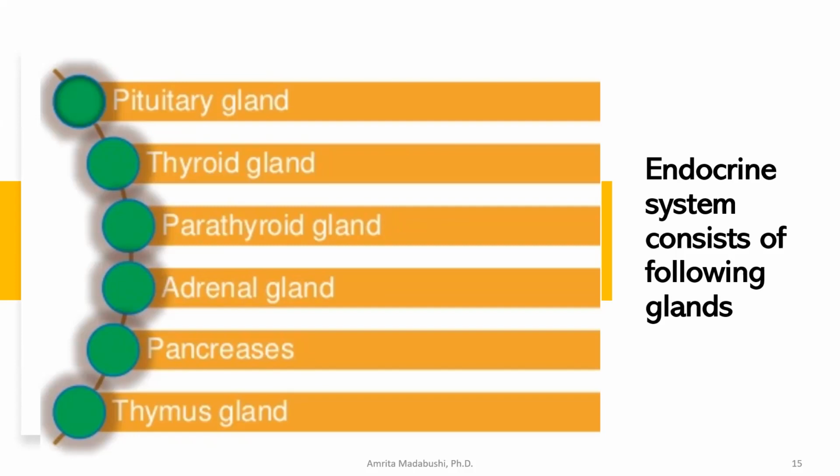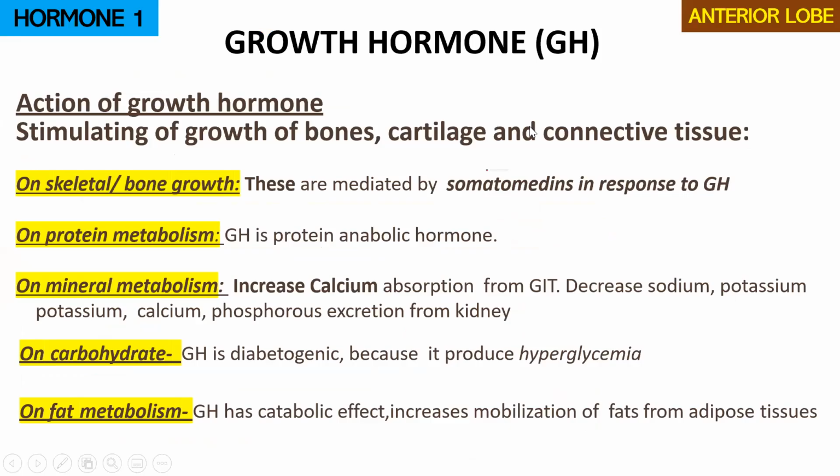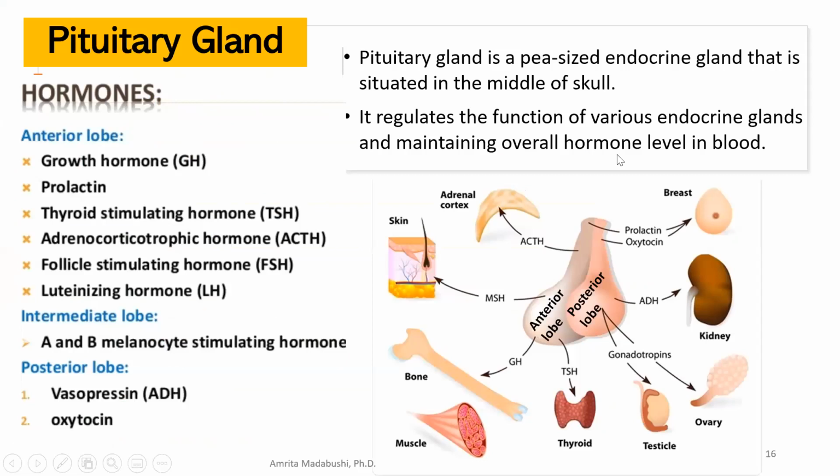Okay. So we'll start with the first one, which is super important, the pituitary gland, and it is situated in the middle of the skull. It is an endocrine gland which controls the function of various glands and maintains overall hormone levels in the body. So how does it do that? In the anterior lobe of the pituitary gland, there are so many different hormones being produced.